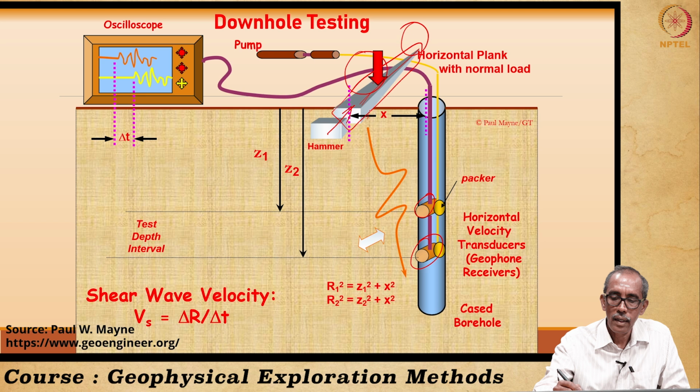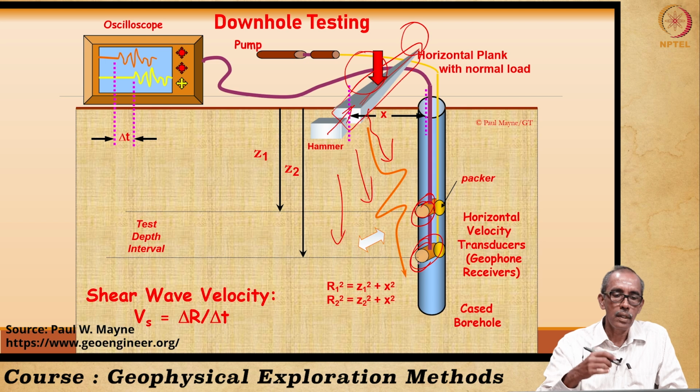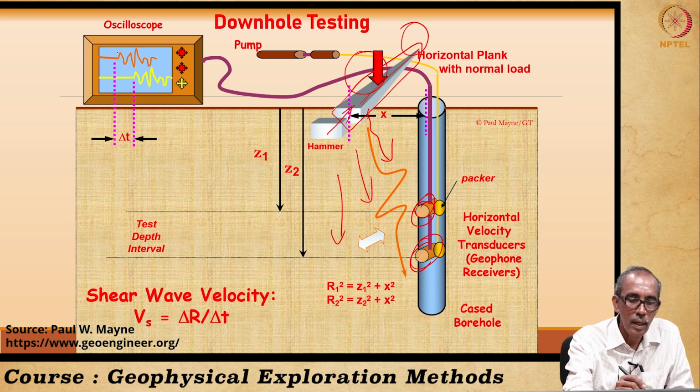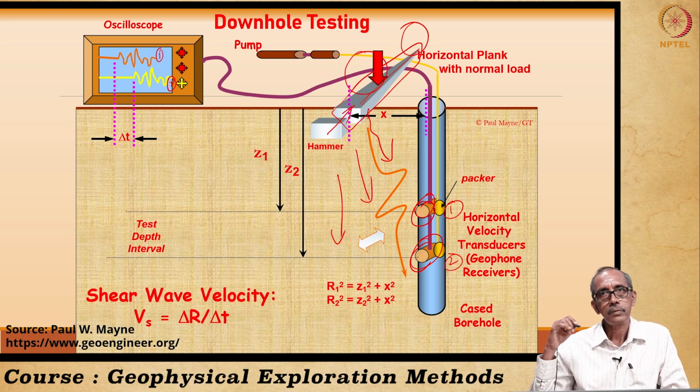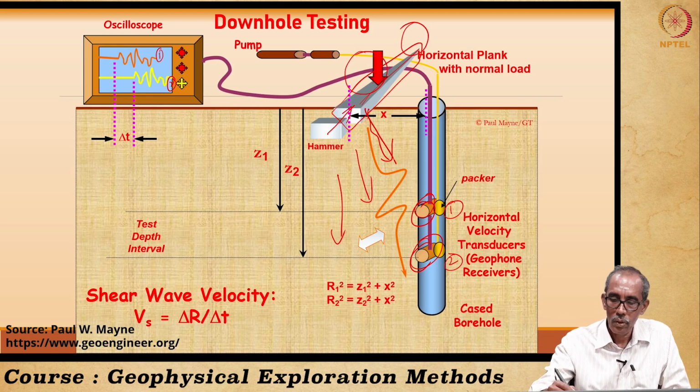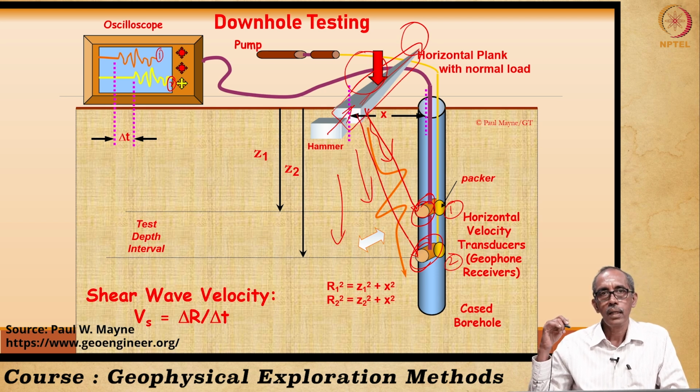Energy is created here. This energy is going into the earth, which is detected at 2 locations. So here in the oscilloscope we have 2 recordings. This is for location 1, this is for location 2. So here we have the arrival times, right: from here to reach this place, how much time it takes, from here to reach location 2, how much time it takes, right.